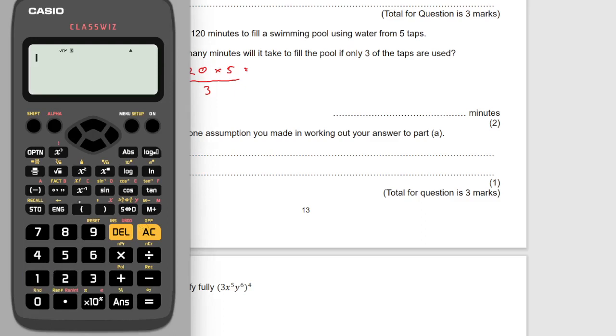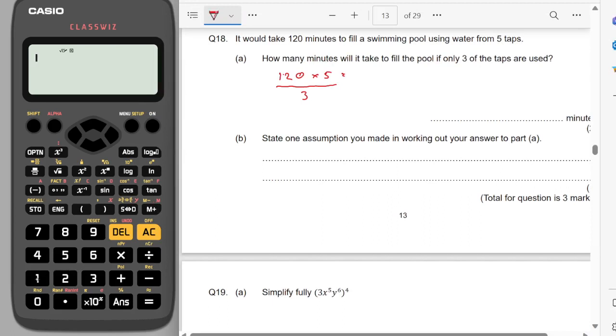So let's go fraction button, fraction, 120 times by 5.